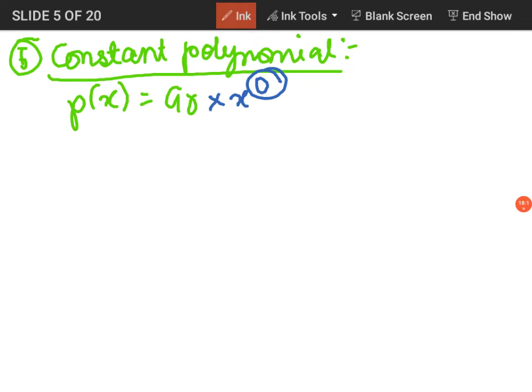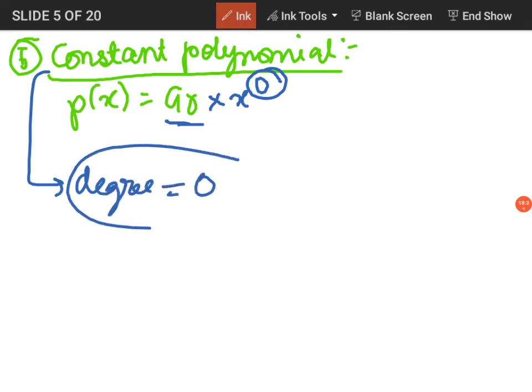Because the highest power of the variable in this whole polynomial is 0, and the coefficient of that variable is also not 0. So we can definitely define the degree of a constant polynomial as 0. I hope that you understood what a constant polynomial is. A constant polynomial is nothing but a constant number, and you can write the constant number in this form as well. From here we have got the degree of a constant polynomial.